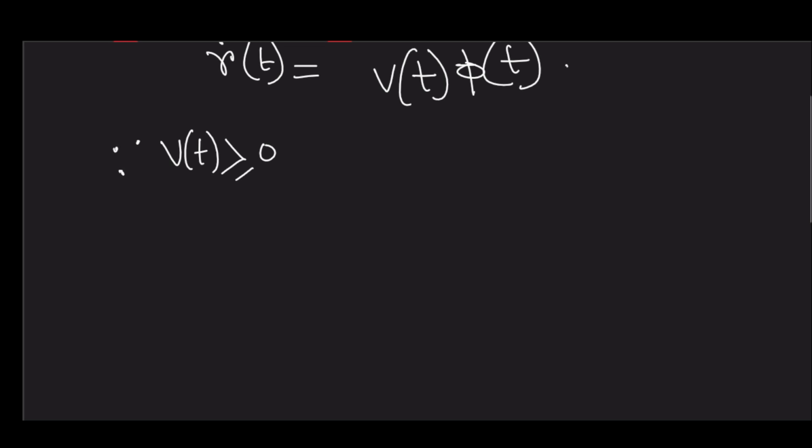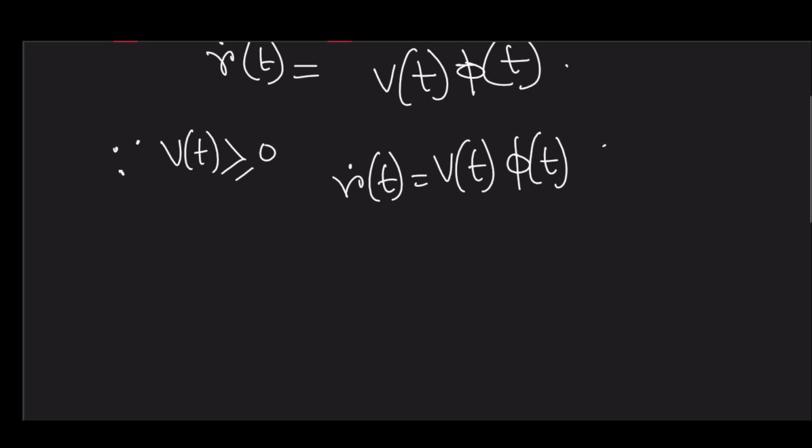What you can say is that R dot t is equal to v t, and let it be equation number 4.